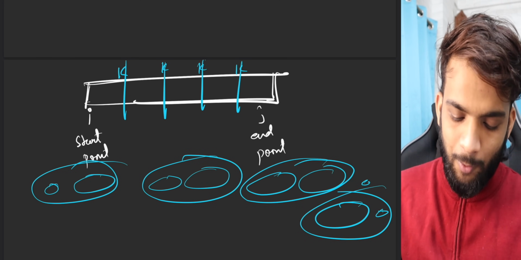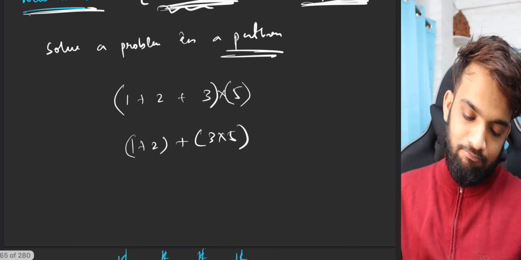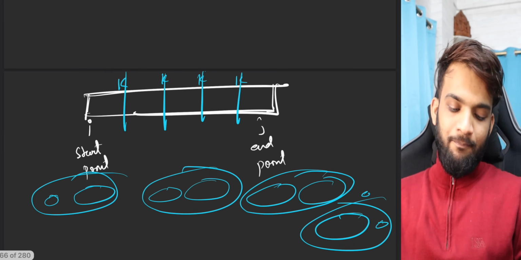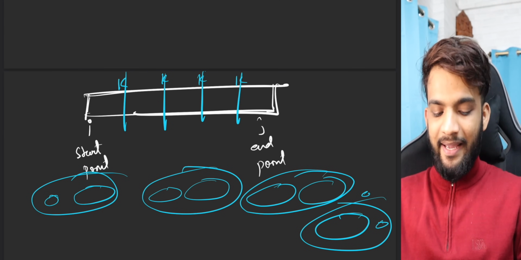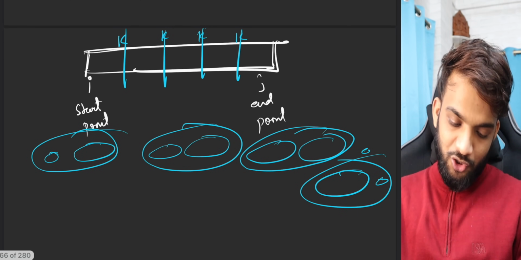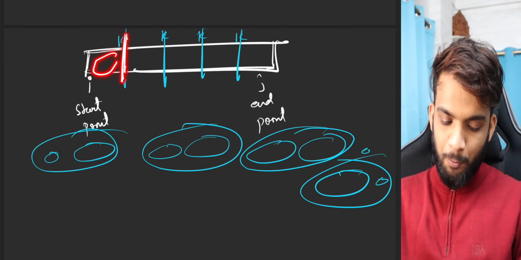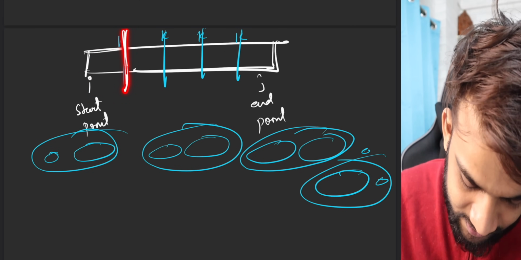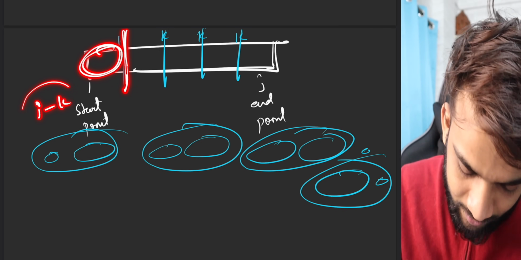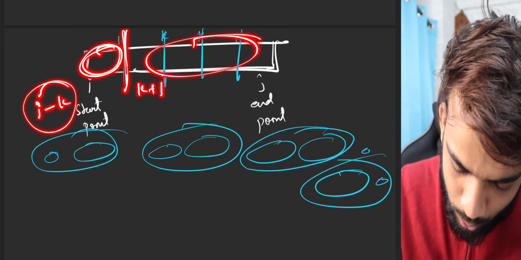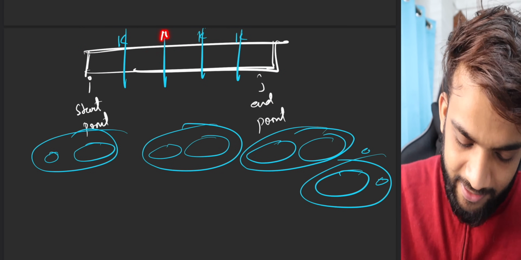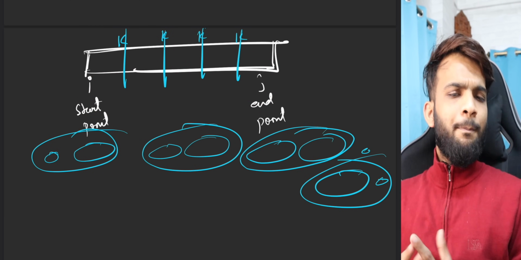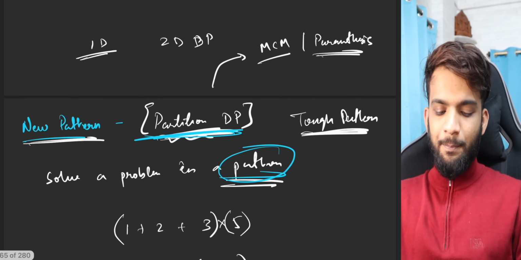So generally, all the problems which follow a pattern like this can be solved using partition DP. Whenever you partition it in this way, you have to solve this portion, which you can call from I to K. So if you solve it like this, this is nothing but f of I to K. And if you solve this, this is K plus 1 to J. So again, if you're trying a K here, this is I to K, and this is K plus 1 to J. Similar patterns of problems can be solved using partition DP.